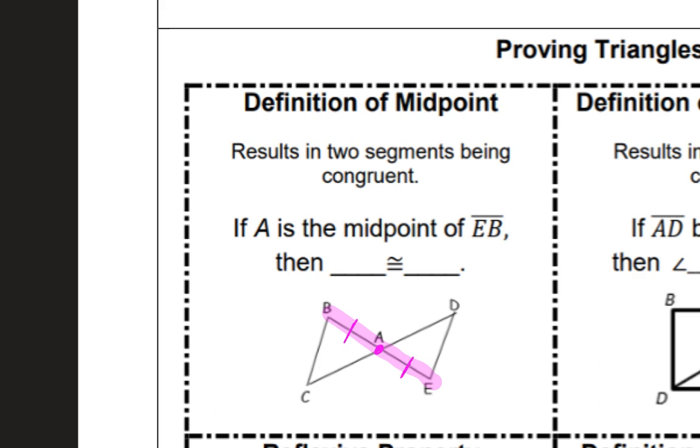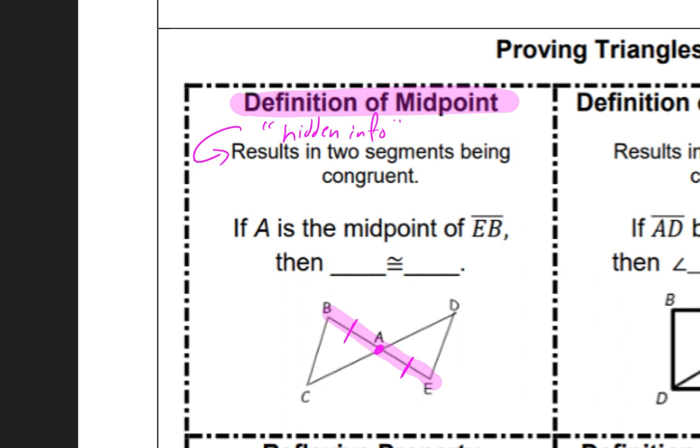That is the definition of a midpoint: if we have a middle, it results in two segments being congruent. So that's hidden information. If I tell you it's a midpoint, the hidden information is that the two segments are congruent.